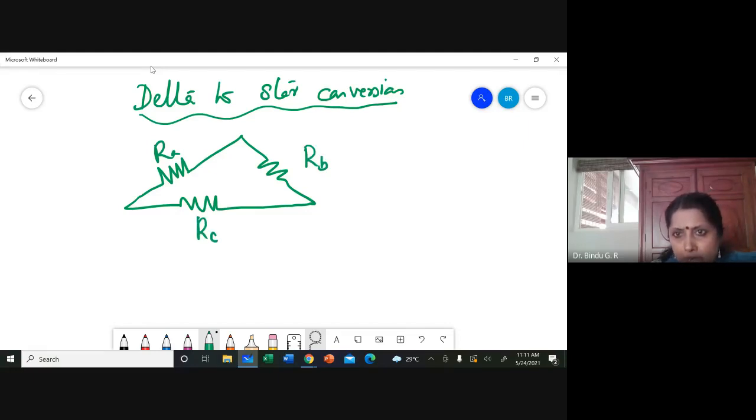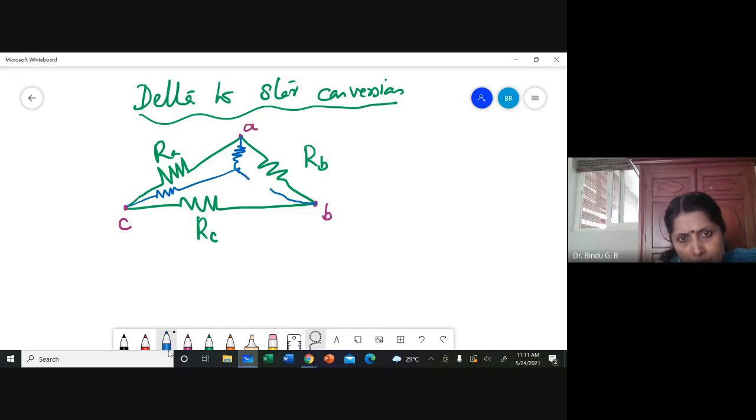This is node A, this is node B, this is node C. I want to convert this into a star network.